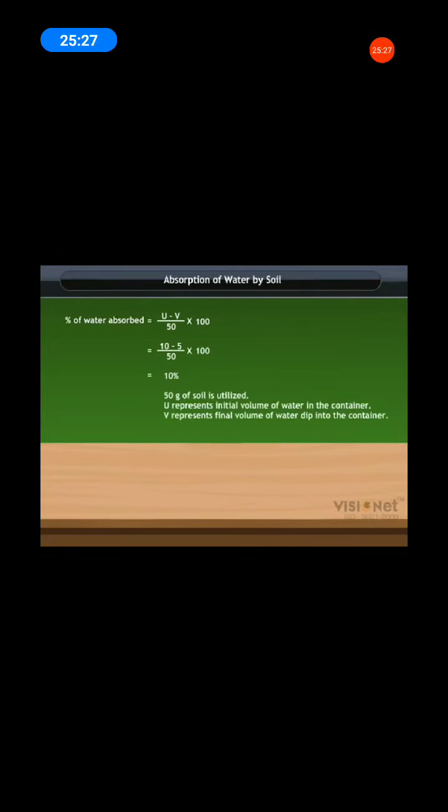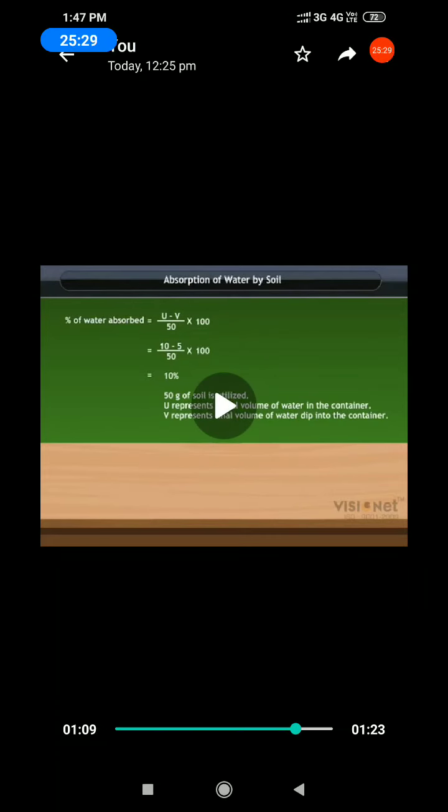Here 50 grams of soil is utilized. All of you see, listen, the water absorbed is U minus V divided by 50 into 100. Here U is 10. Okay, 10 minus 5 divided by 50 into 100. The answer is 10%. So, the 50 gram soil is utilized.